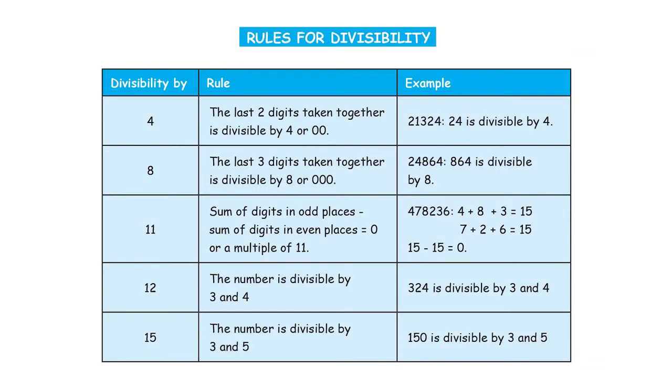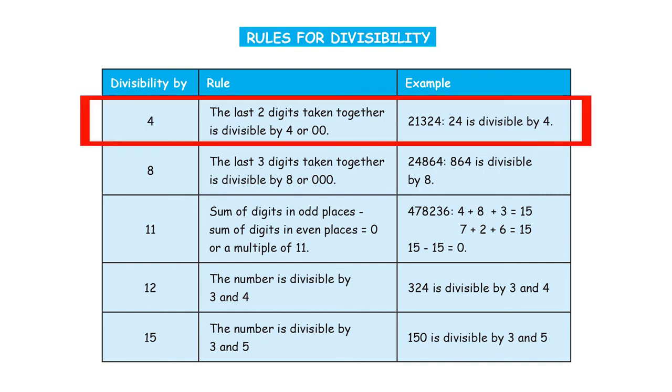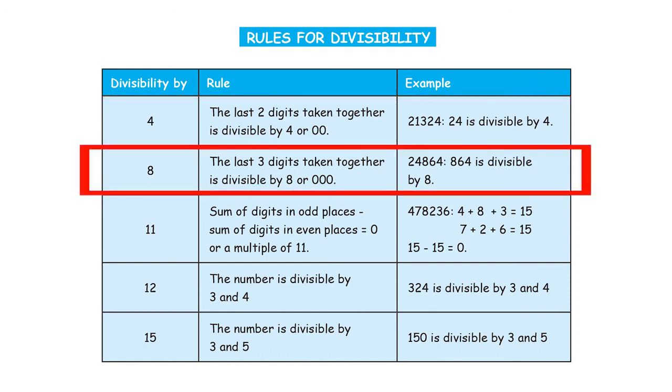To summarize all the divisibility tests, have a look at this table. Today, we've seen the divisibility test by 4. The rule is that the last two digits taken together should be divisible by 4. For 8, the rule is the last three digits taken together should be divisible by 8.